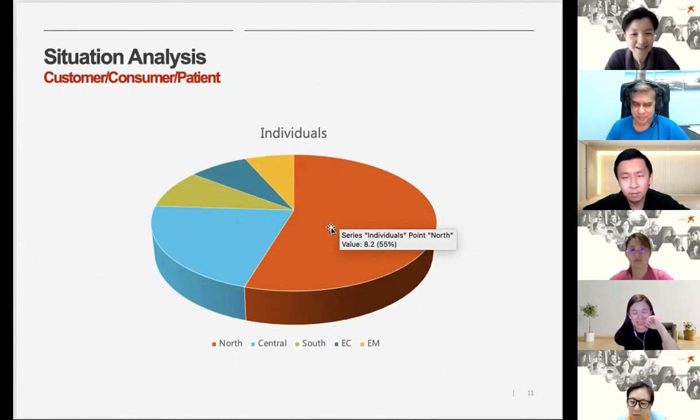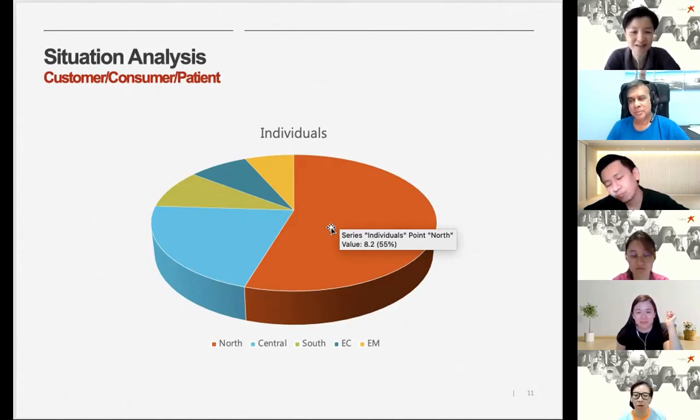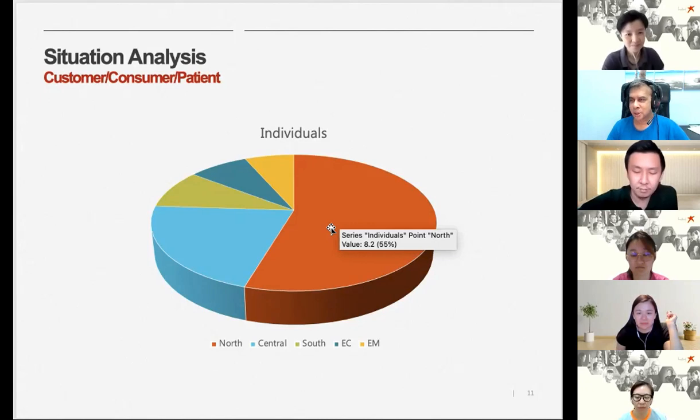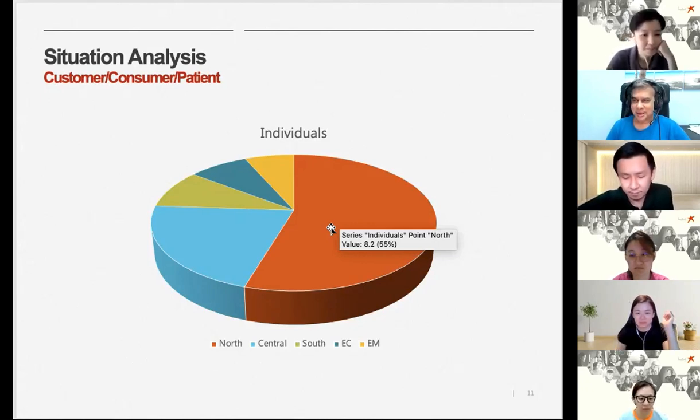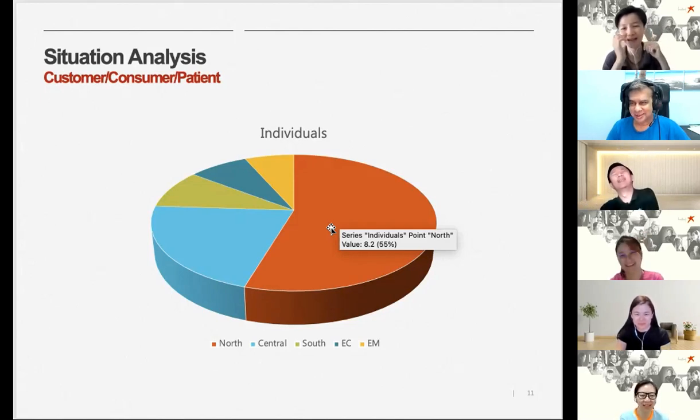Unless there are some movements of patients from the north to the central, which we don't know about. So there are some caveats that we need to consider. All right. Okay. Thanks, Serena. Doreen, what about you? What do you think? I think they already mentioned all the answers, which is similar to what I think.